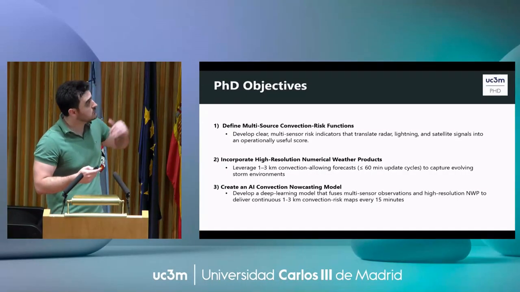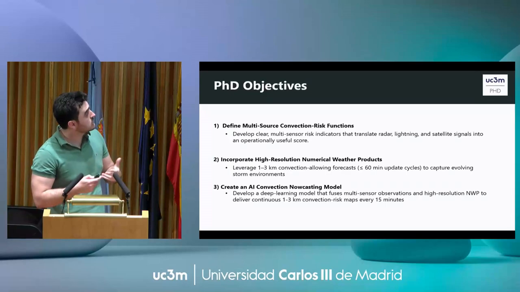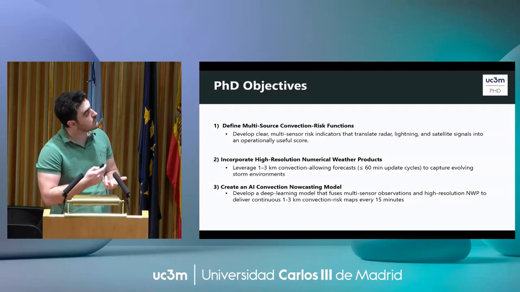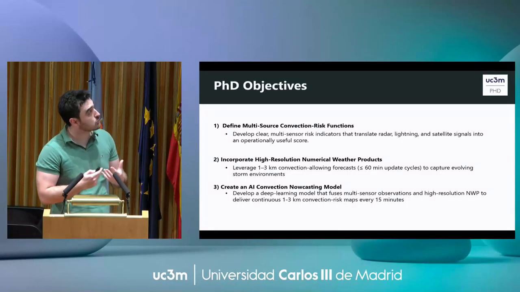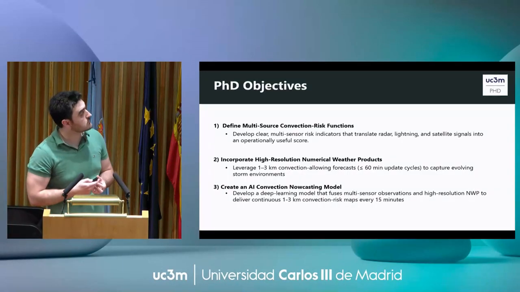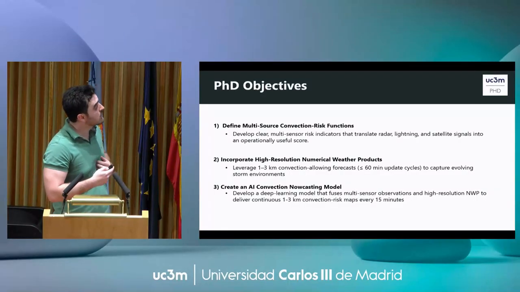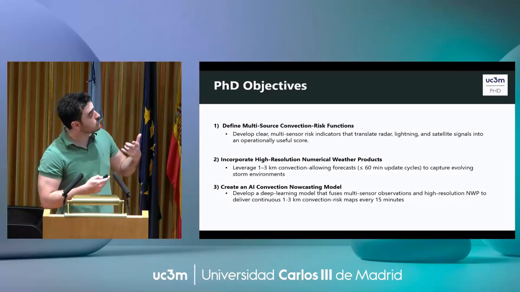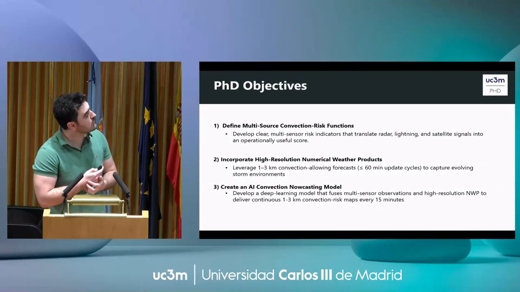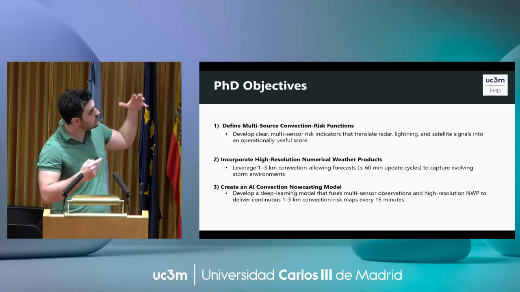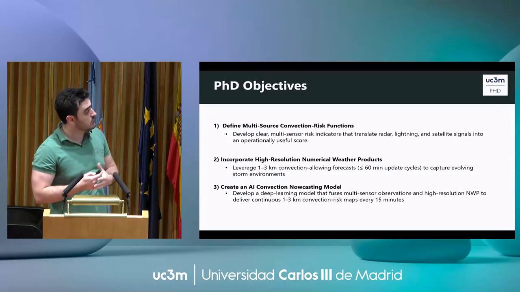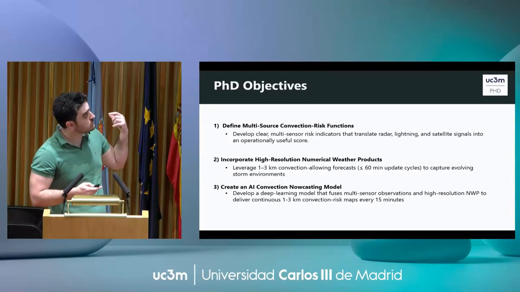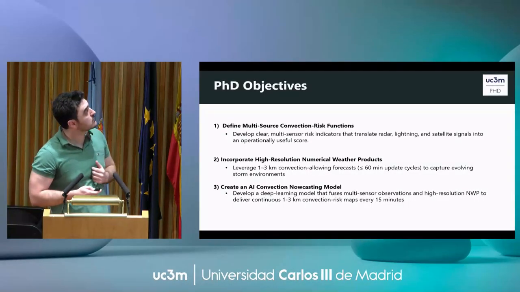So the objectives are aligned with these gaps. The idea is to define competing risk functions that merge radar, lightning, and satellite signals to create a risk function that maps the needs of the stakeholders, then incorporate high resolution numerical weather products with an increase in the spatial and the temporal resolution, and then the final objective is to create an AI convection nowcasting model that can learn the correlation between the signals from the numerical weather products and the risk function.